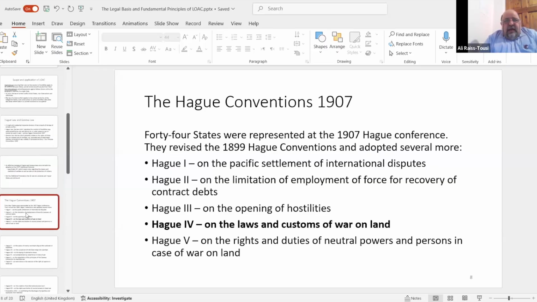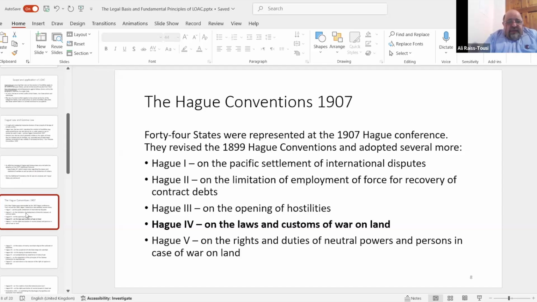Looking at the Hague Conventions, originally 1899, I said a little bit earlier, there were three treaties signed. In 1907, 44 states sent representatives to the Netherlands again. They revised the original three and they adopted several more treaties.